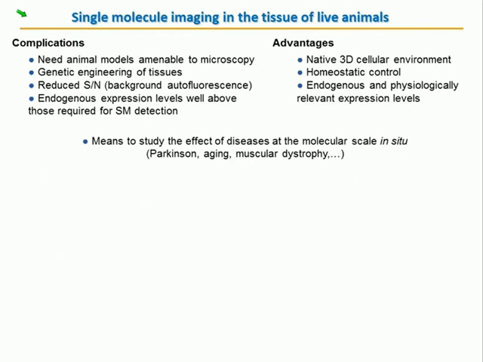And you also need to engineer different types of tissues, the aim being to improve your signal to noise, and to bypass the autofluorescence that generally comes when imaging a tissue. And obviously you need to be able to express your molecules or your protein of interest at endogenous level in order for it to represent the normal behavior of the tissue.